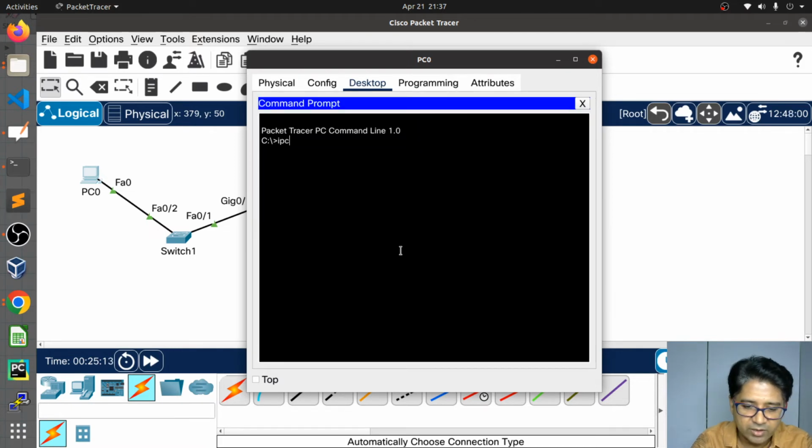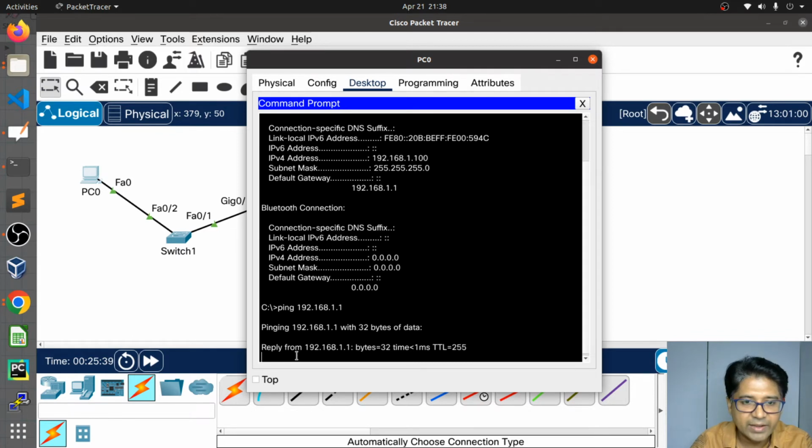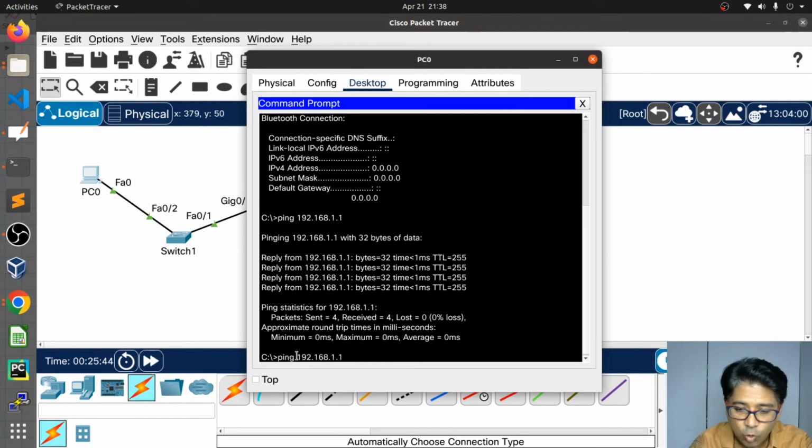I will check IP config for the PC, and I can see the IP is 1.100 and the gateway is 192.168.1.1. The PC should be able to ping the gateway. The gateway is reachable, you can see, but I want to ping the other gateway. Am I able to reach it or not?